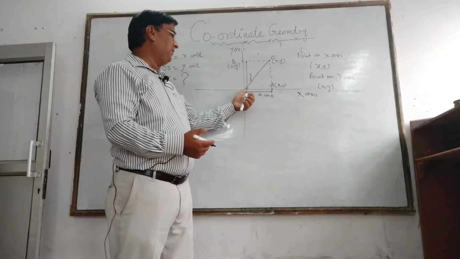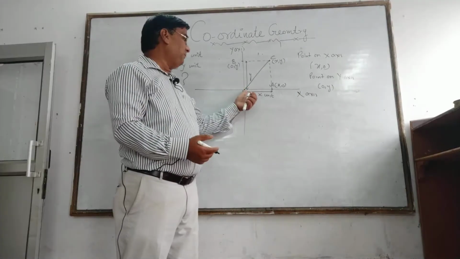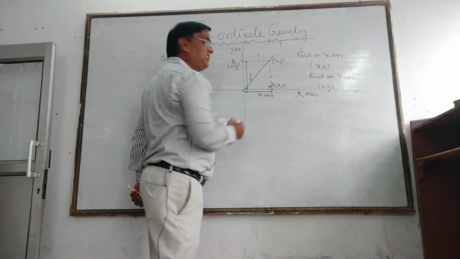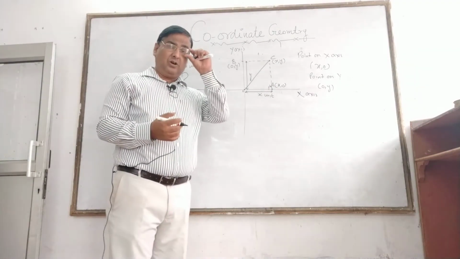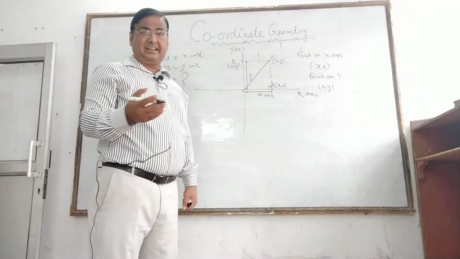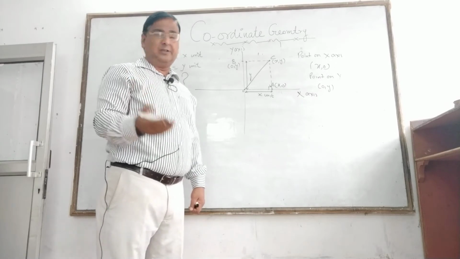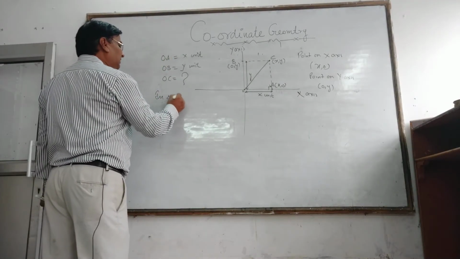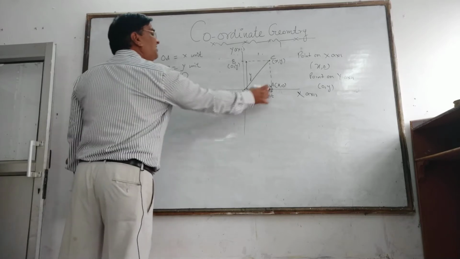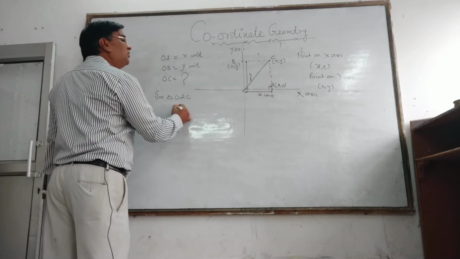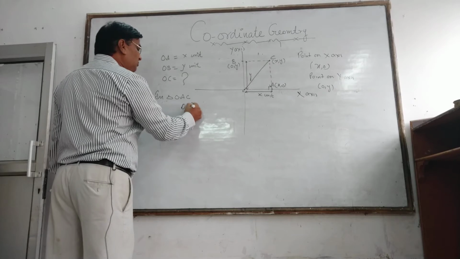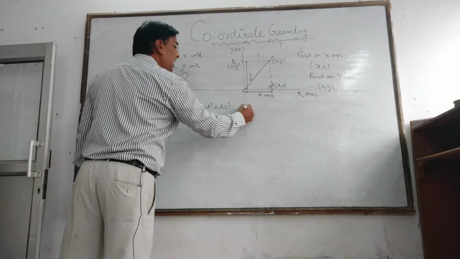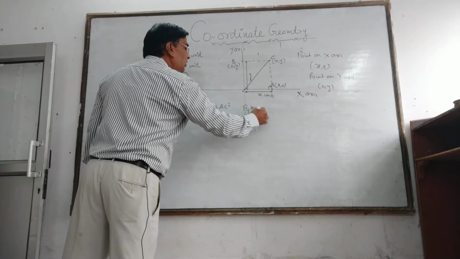Very simple, you can find OC with the help of triangle OAC. Here a right angle triangle is given, and you already know the Pythagoras theorem. In a right angle triangle you can apply the Pythagoras theorem. In triangle OAC, OC squared is equal to OA squared plus AC squared.